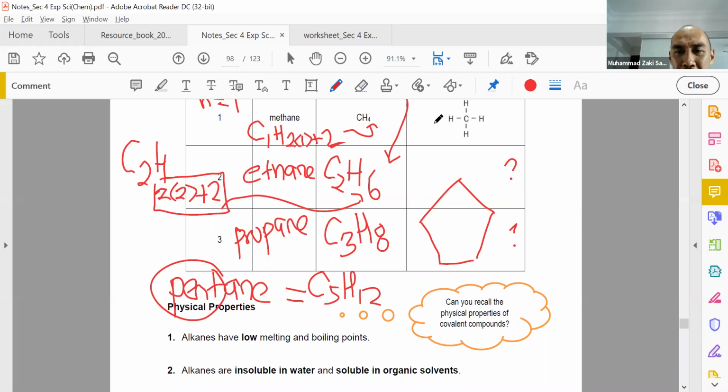How about this one? C4H10. What chain is this? C4H10. Let's try. Yishan, want to try C4H10?